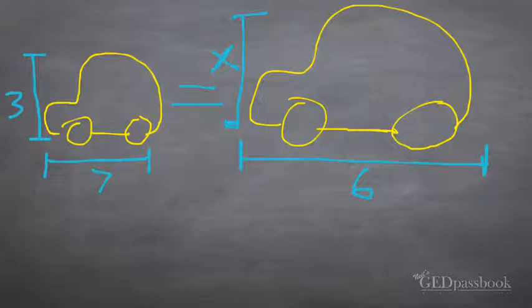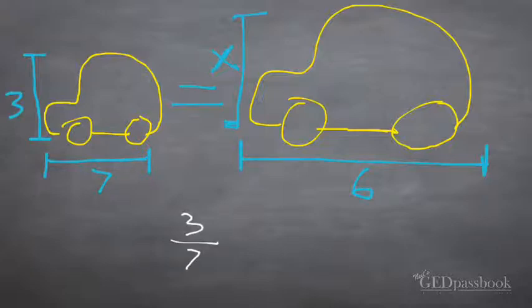So, how do you solve proportions? The hardest part with proportions is setting it up as a proportion problem. Proportion problems must be set up like this. The first ratio that's given, they'll give you one whole ratio no matter what. In this case, my 3:7.